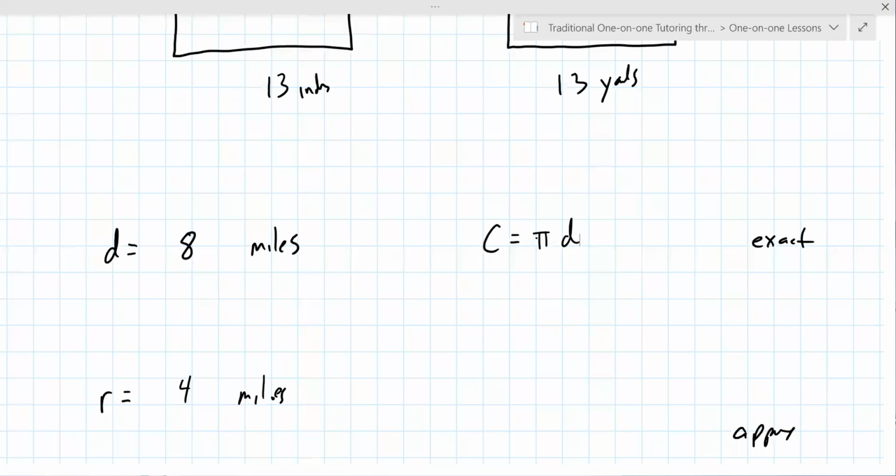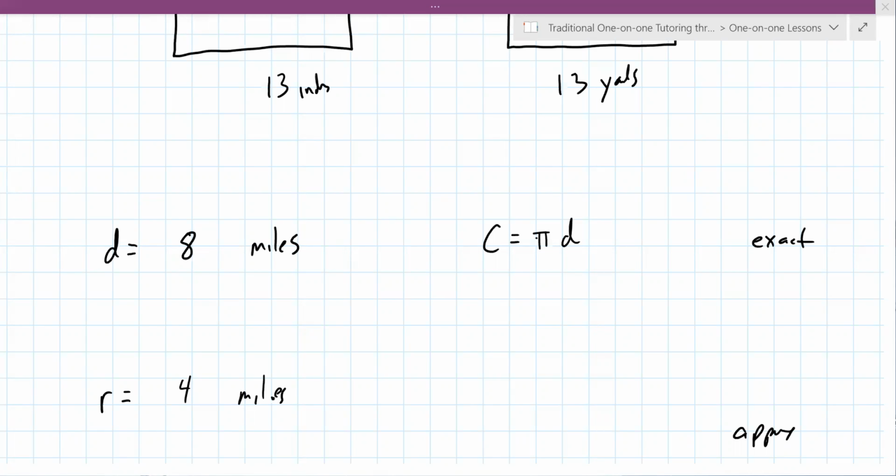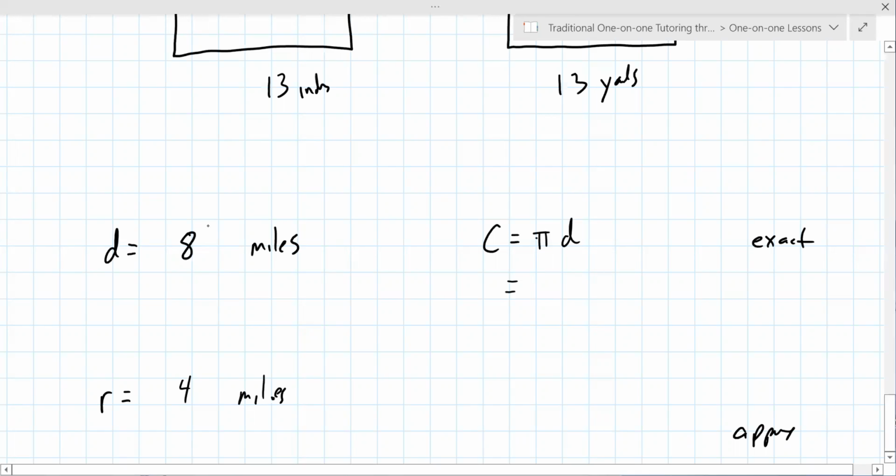Oh, 4. What is the diameter, Sourish? Oh, 8 pi d. No, you replace the diameter with 8. Okay.